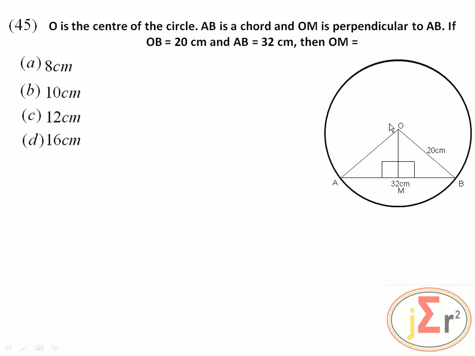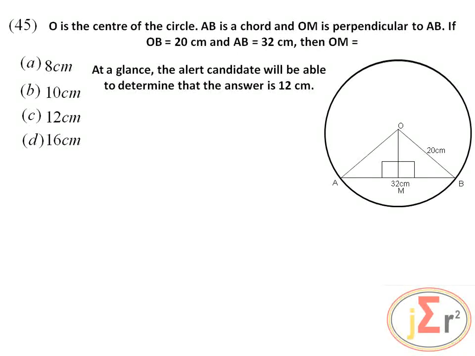Also, we have OM, which is the perpendicular bisector of AB. That means the line that goes from O to M is perpendicular to AB, and it divides AB into 2 equal parts.